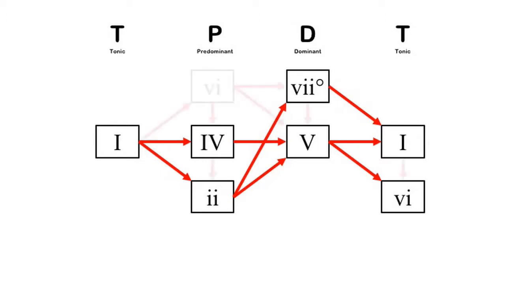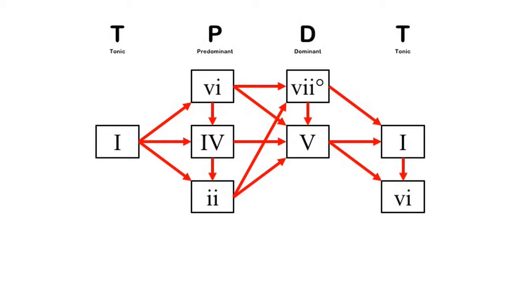We can also include the submediant triad, or the 6 chord, in the predominant area. And I hope you're seeing that there's something that all the predominant chords have in common, and there's something that all the dominant chords have in common. The predominant chords all contain scale degree 6, and the dominant chords all contain scale degree 7, which want to resolve to the tonic function chords, which all contain scale degree 1.